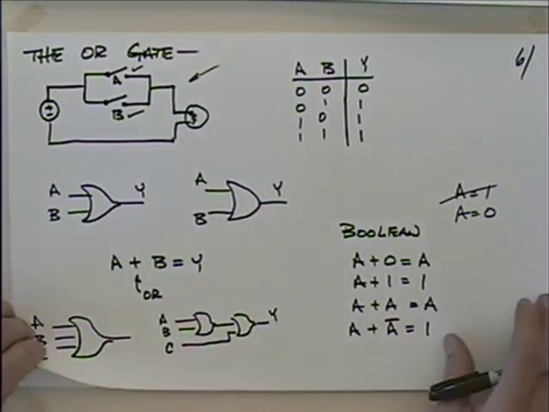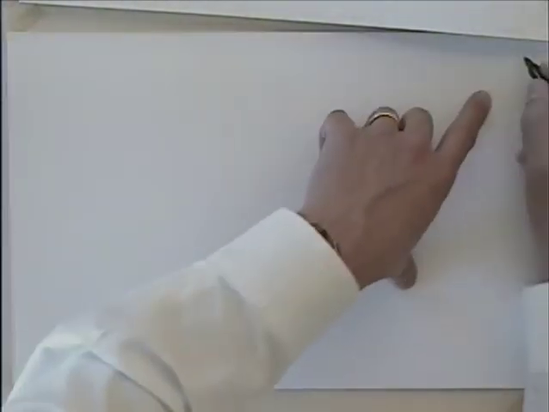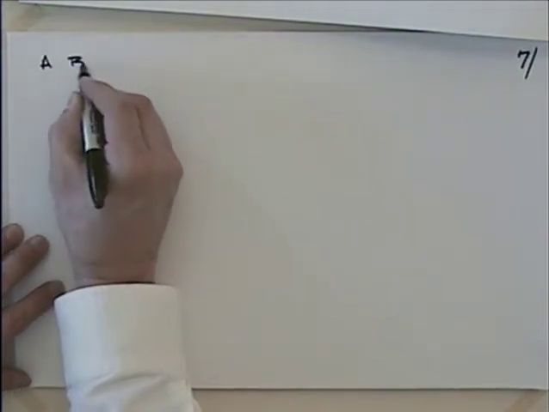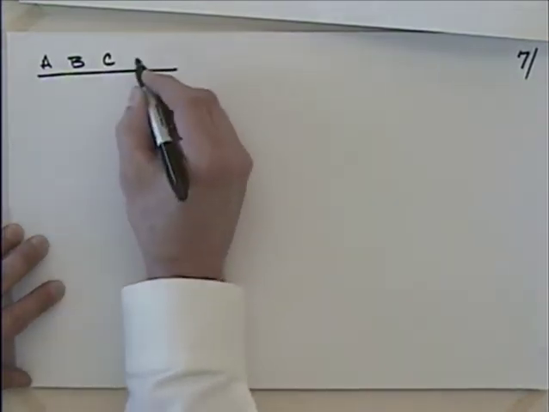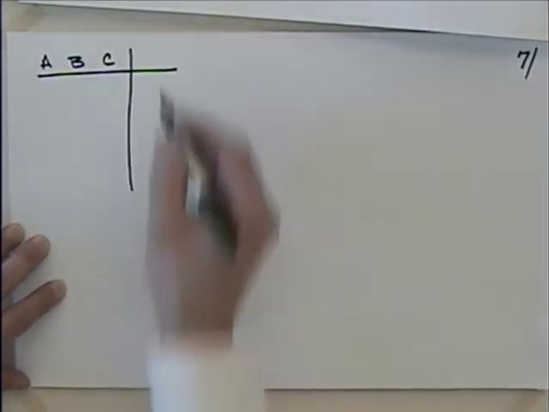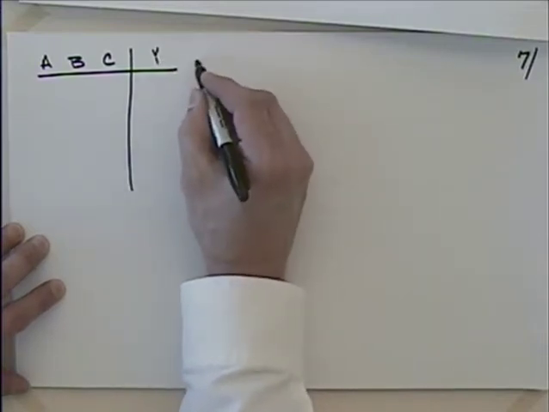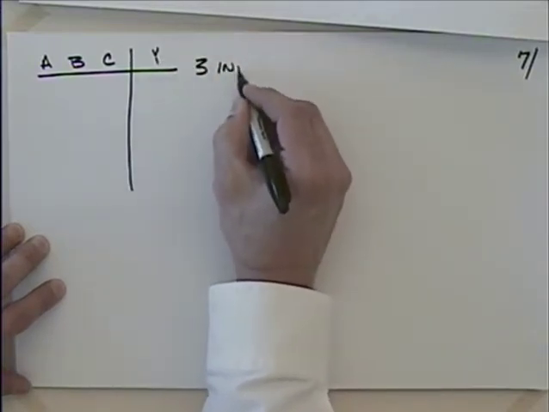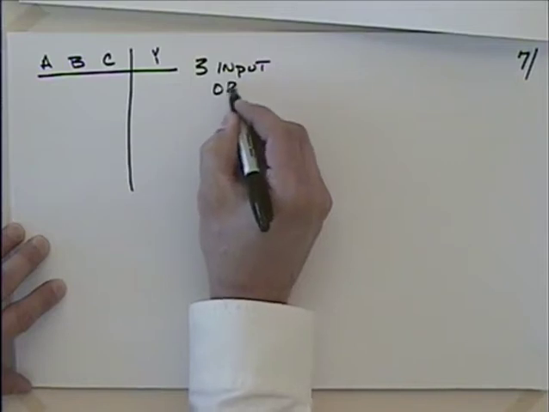What's the truth table on the 3-input going to look like? So A, B, C, and their output Y. So 3-input OR gate.